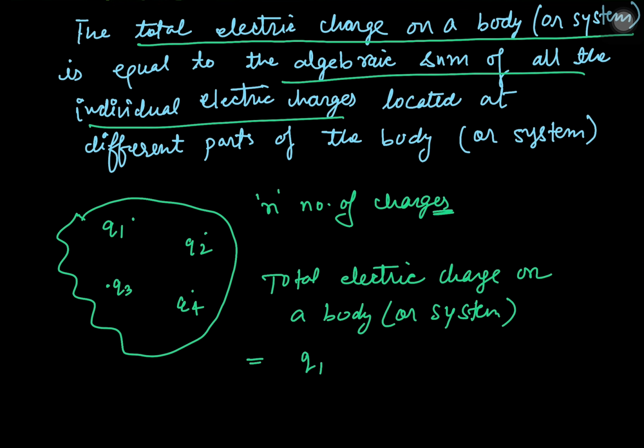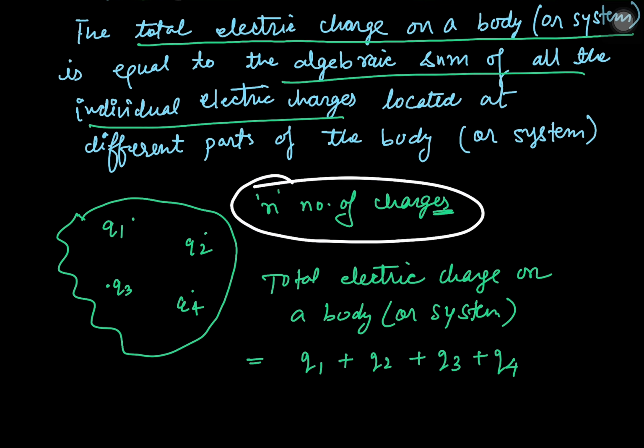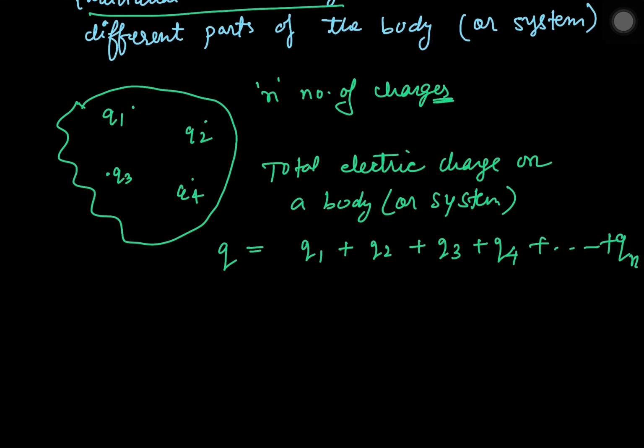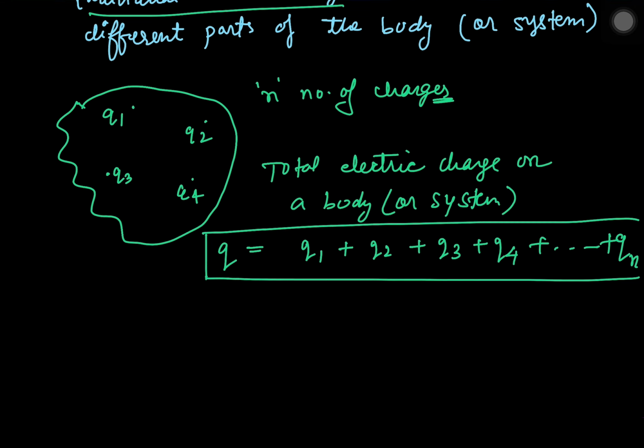So it can be considered as Q1 plus Q2 plus Q3 plus Q4, and if I have n number of charges present on the body, up to Qn. This is the total electric charge present on the body, and it is denoted by Q. This shows the algebraic addition of the charges. This is referred to as the additive nature of electric charge.